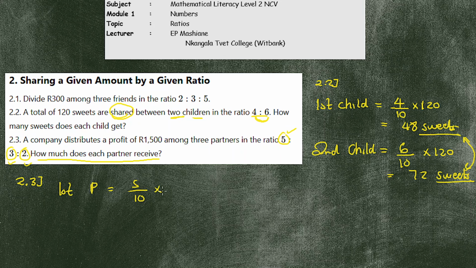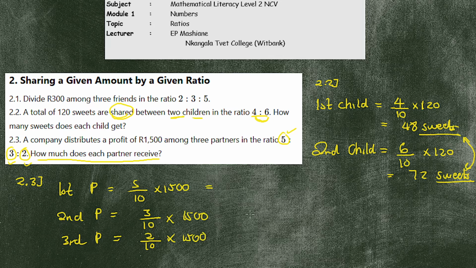So it's 10 multiplied by 1,500. Second partner equal to 3 over 10 multiplied by 1,500. Third partner gets what? A ratio of 2 over 10, multiplied by 1,500.